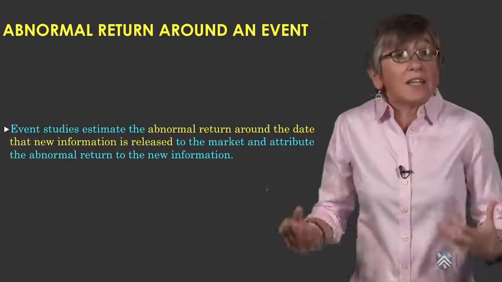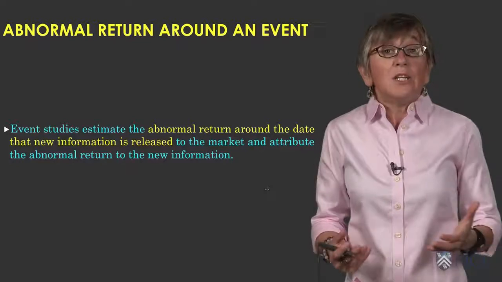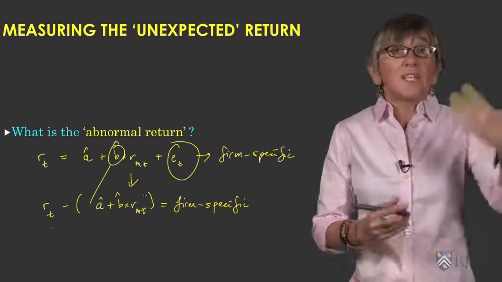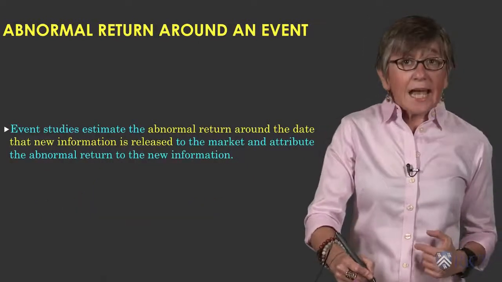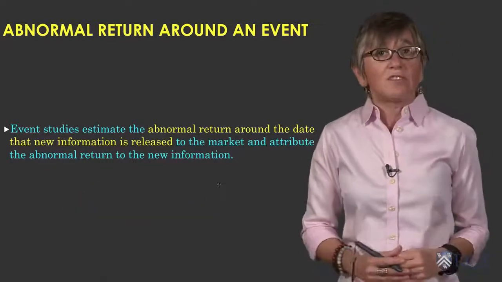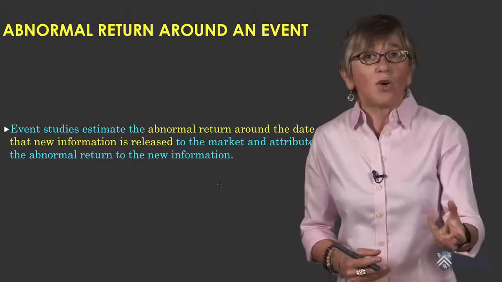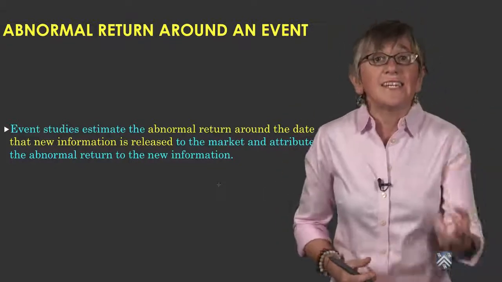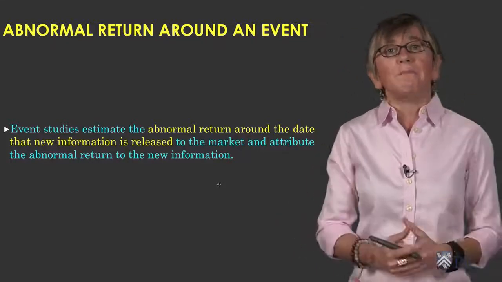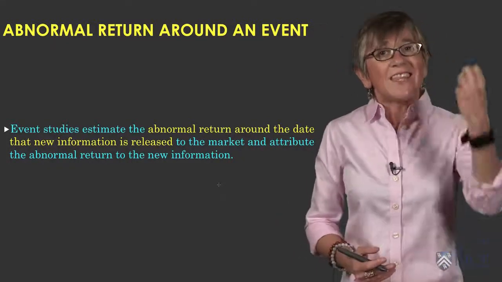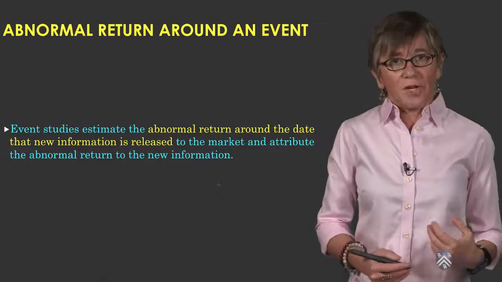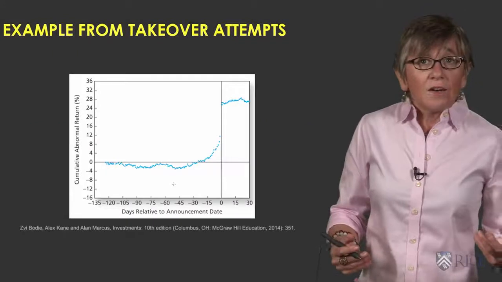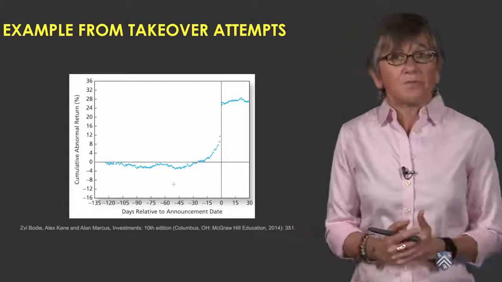So typically, the first step would be to estimate the index model, such as this one, to estimate the parameters, then identify the date of interest, compute the abnormal return around that date, and assess the magnitude of the typical abnormal return to determine the impact of the announcement. In fact, we looked at such an event study for mergers in one of the previous lectures.